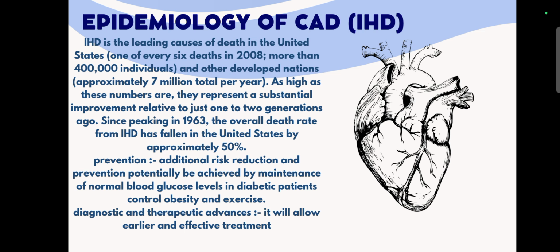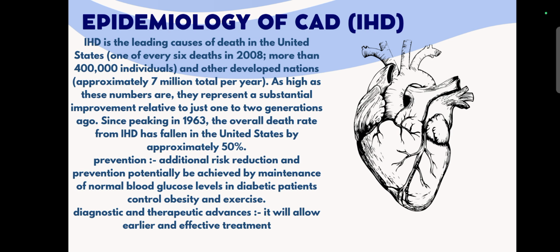Since peaking in 1963, the overall death rate from IHD has fallen in the United States by approximately 50% due to development of various types of machinery and also interpretation of the ECG and other tests like the troponin test, a trop I test, trop T test, and also 2D echo. Prevention.